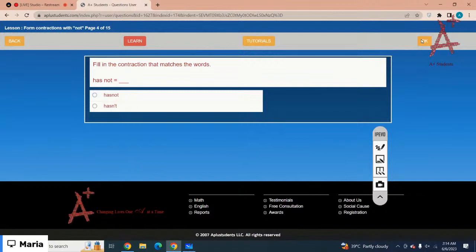Then you have has not. How do you make a contraction with has not? It would be hasn't. The second option is the correct one. You can skip O from the not and put an apostrophe there. So it would be hasn't. Option number two is the correct option.